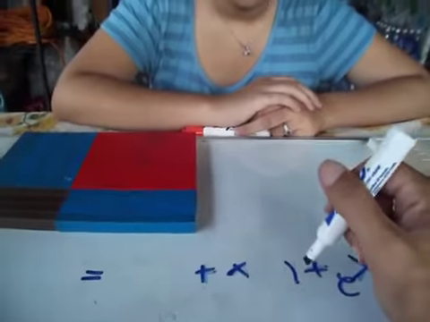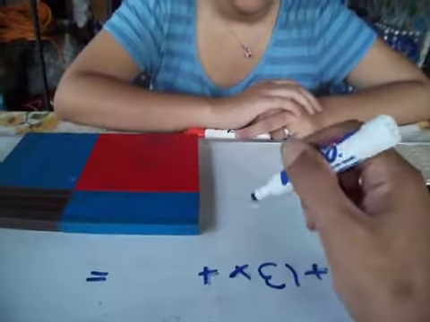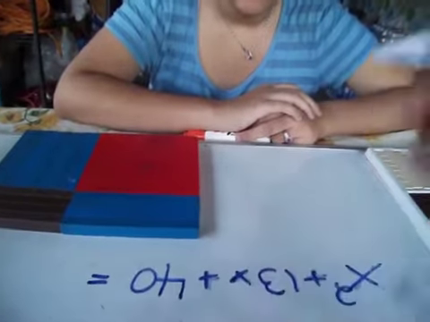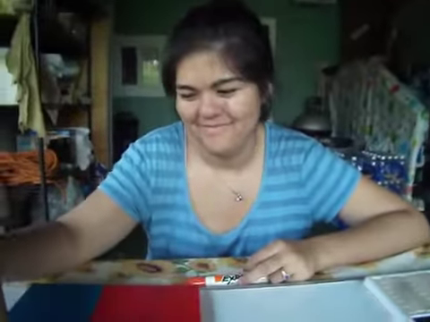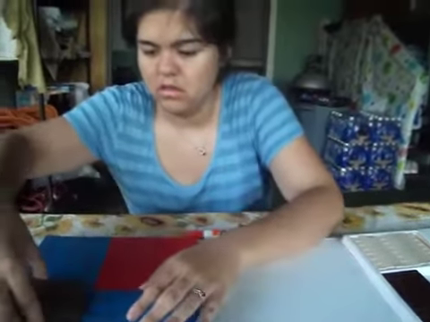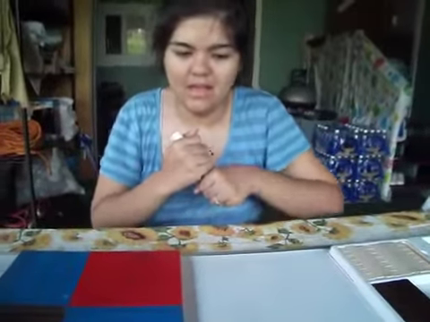Okay, so let's make it 13 and we'll make it 40. Now what are you going to do? Okay, great. So fast, just tell me the factors. You don't even have to write them down.